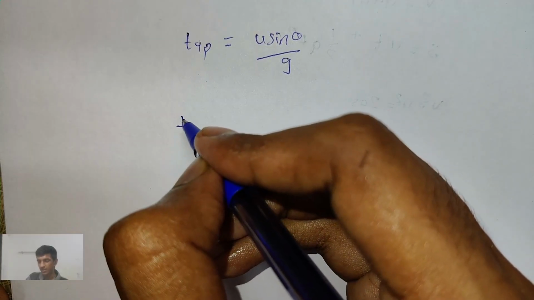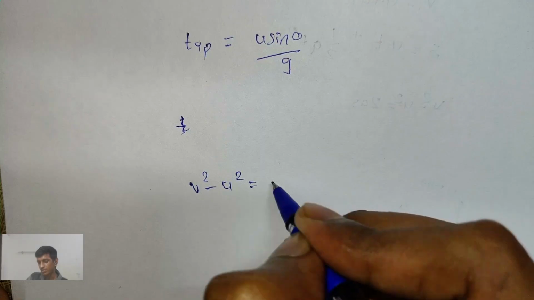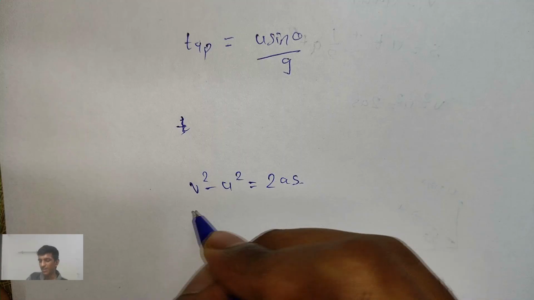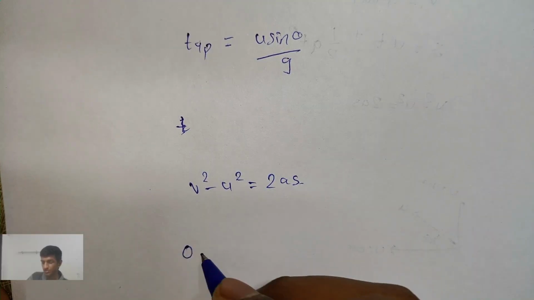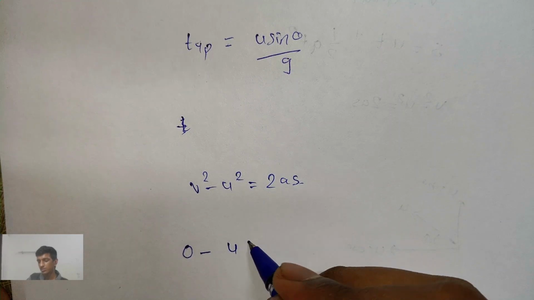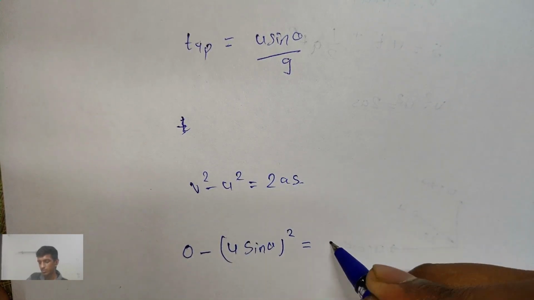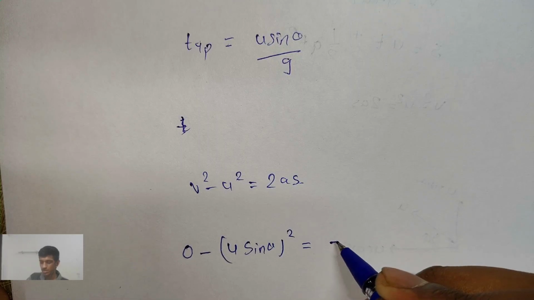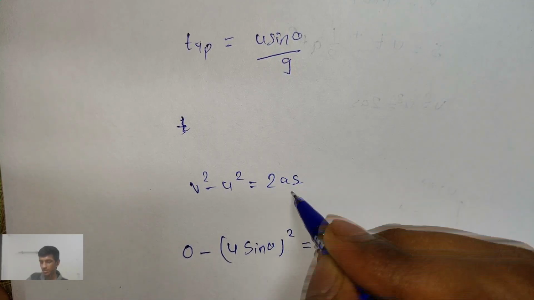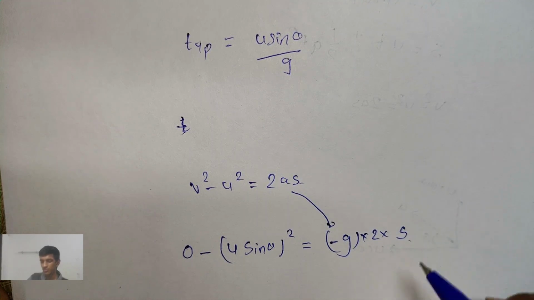We can simply find out the distance traveled using v square minus u square equals 2as. Final velocity, as we all know, is 0, minus u square, which is u sine theta here, this whole square, equals minus g, I have written a here, into 2 into the distance traveled, which is what we need to find.